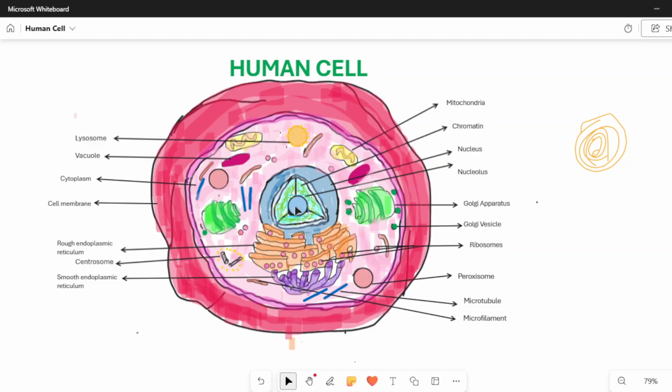Next is your nucleolus. Nucleolus is the dense structure which does not have any membrane as such. It is just a dense part which is present in the nucleus, and what it does is it creates the ribosomes.